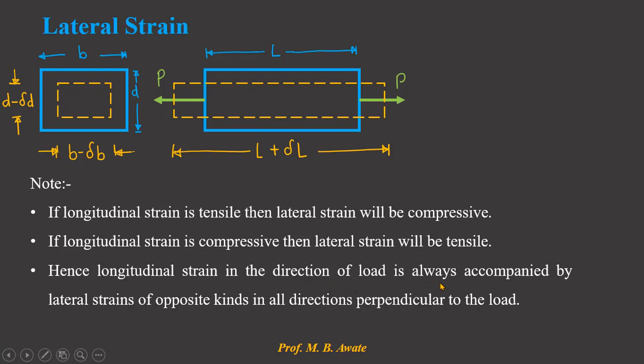Hence, longitudinal strain in the direction of load applied is always accompanied by a lateral strain. Whenever there is a longitudinal strain, there has to be a lateral strain, but it has opposite nature in all directions perpendicular to the load. Okay, so this is nothing but the lateral strain.